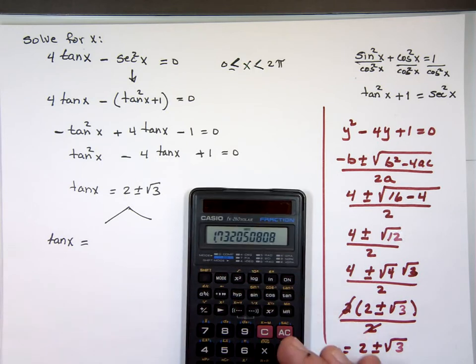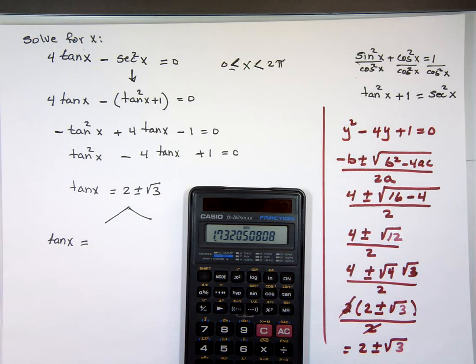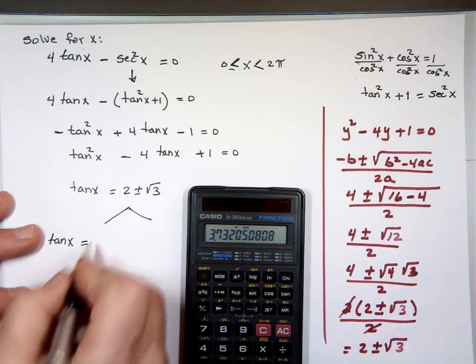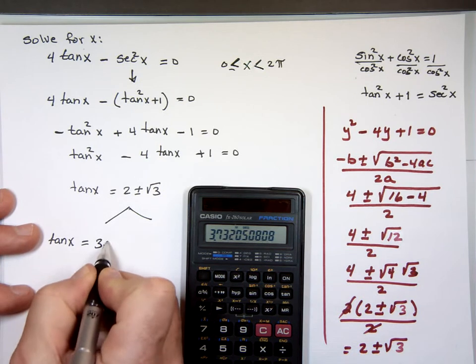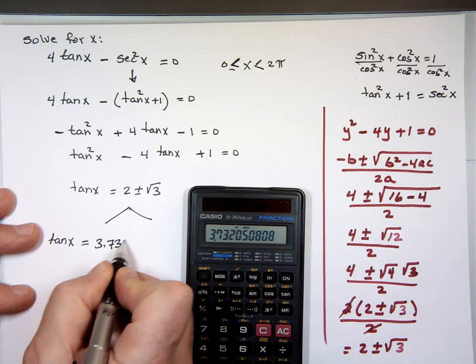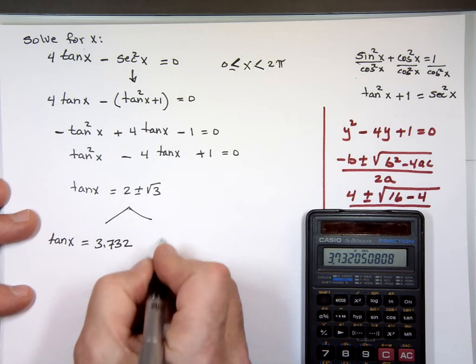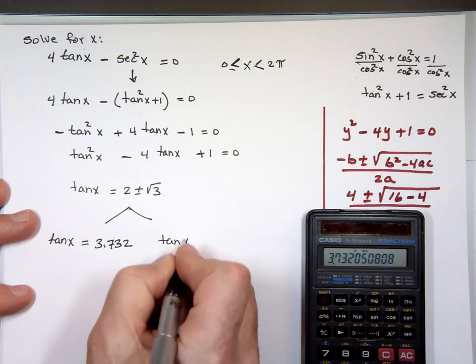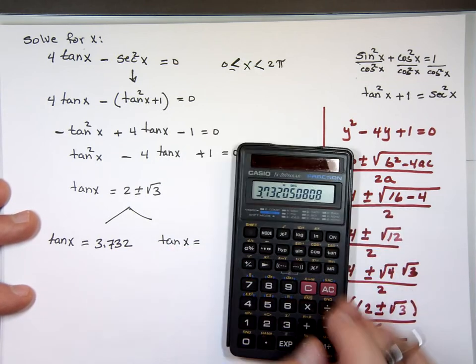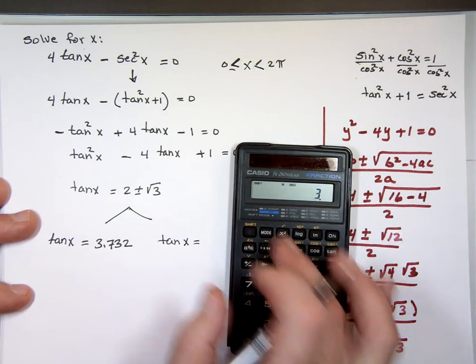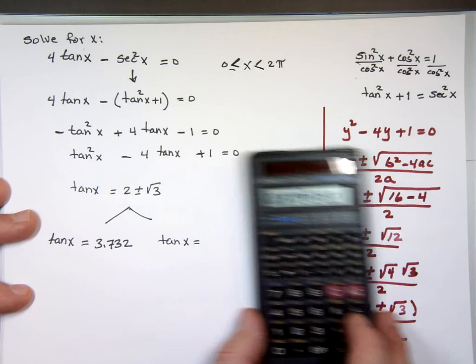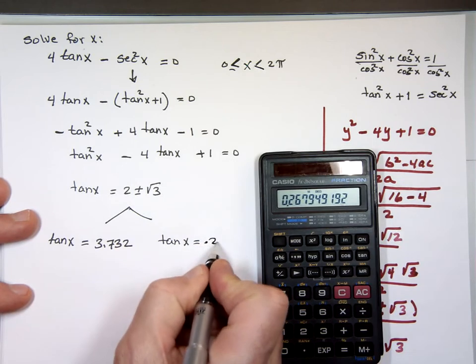Add to it the 2. So one solution, that's 2 plus, which will be what? 3.732. And the other one, tangent x, is going to be 2 minus the square root of 3. 0.268.